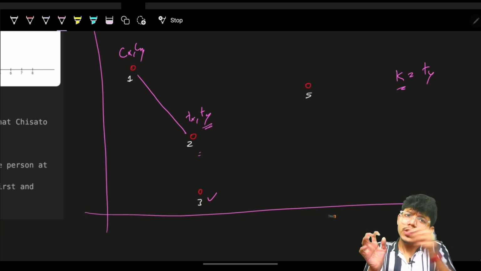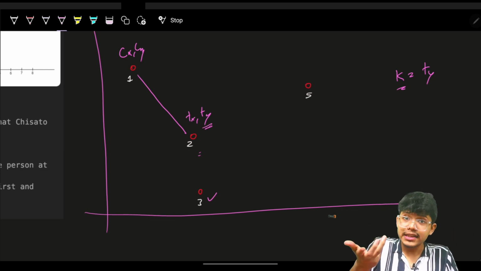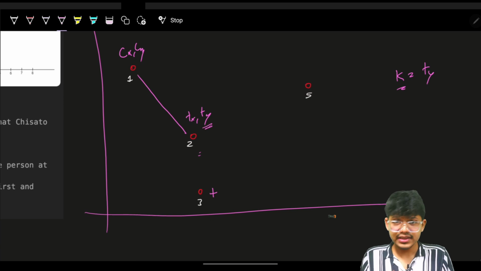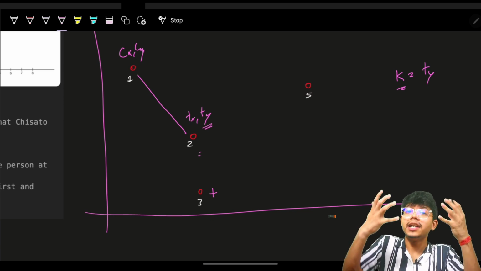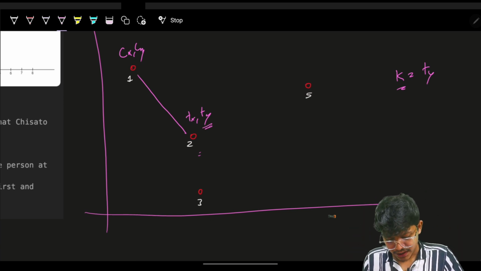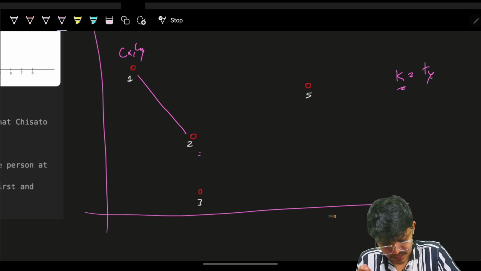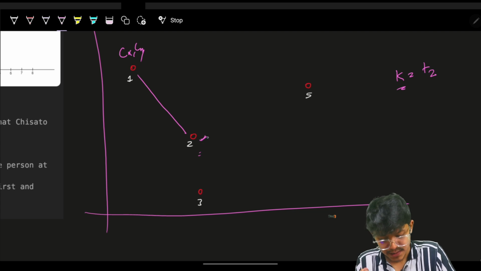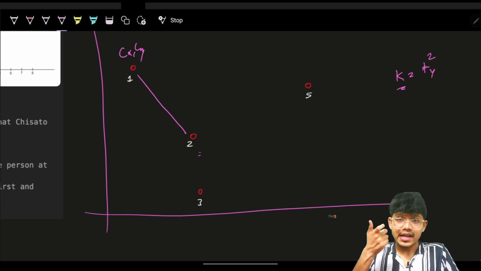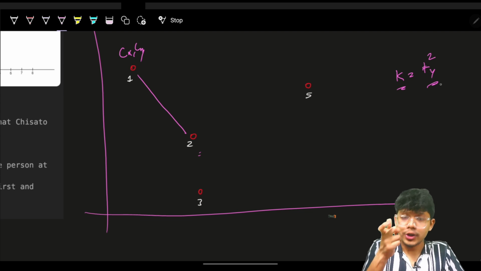Again, I'll go on sequentially. I'll encounter the next point, which is t3. This is the next valid candidate for my t coordinate. Now he will say, okay, my height is ty3, and remember, the benchmark height is t2, or you can say ty2, the y coordinate of my point 2.